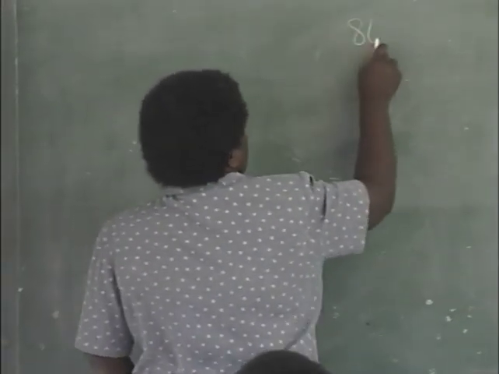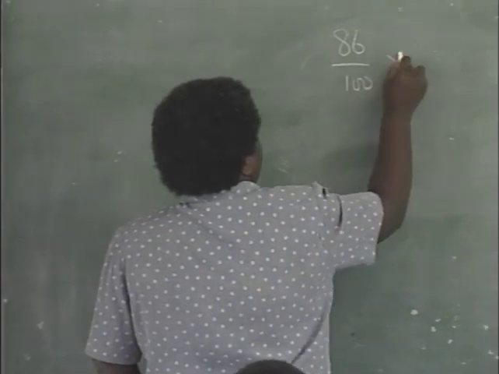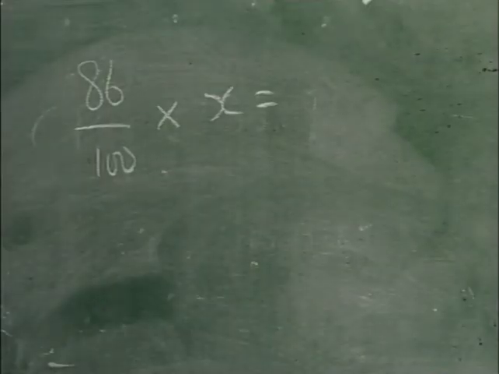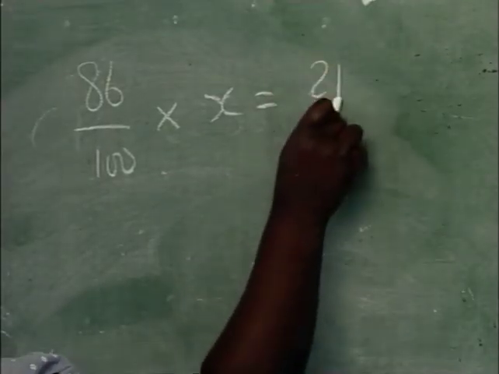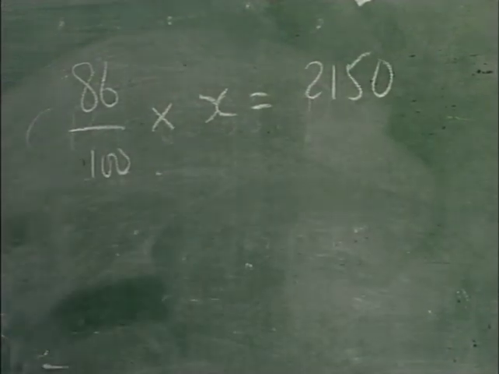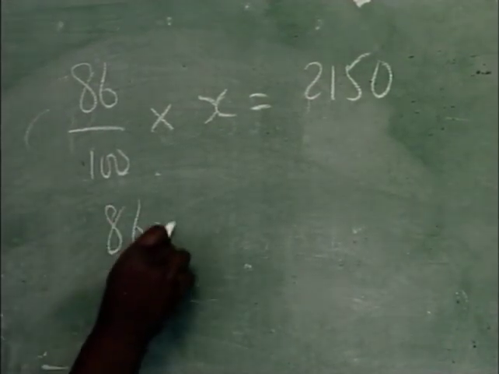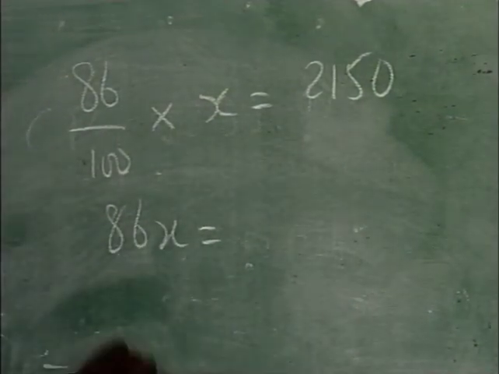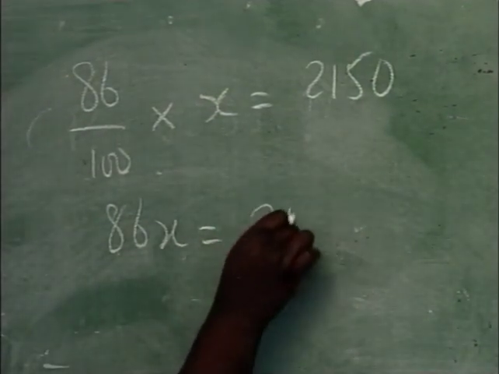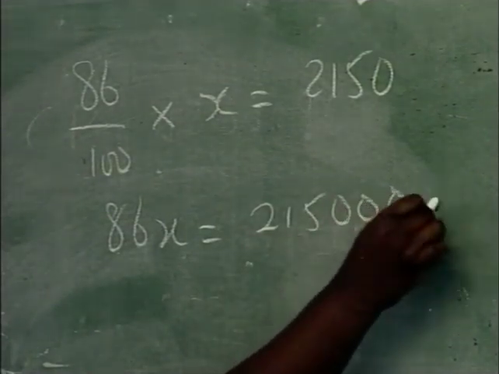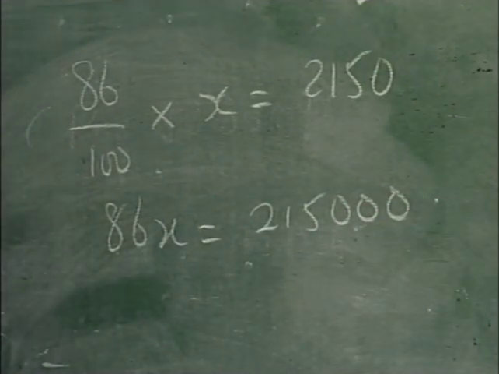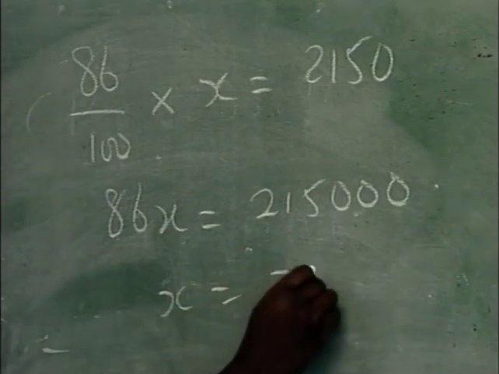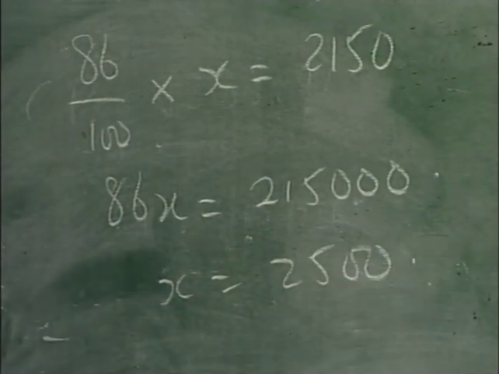And you just say 86% of the cost price will give 2,150. And when you do, you will end up with the same step here. 86x equals 215,000. And you get x is equal to 2,500.